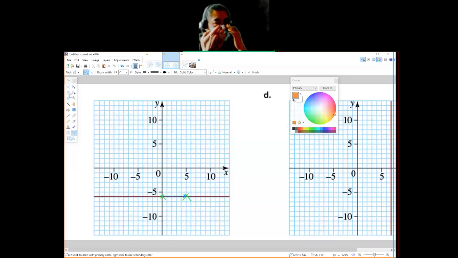Now we know the rise is 0 and the run is 5. Write that as a fraction for the gradient. What's the formula? What do I write for the gradient? Remember, it's the rise over run. I'm going to put that in the chat as well. Correct. It's 0 over 5. Now, what's 0 divided by 5?